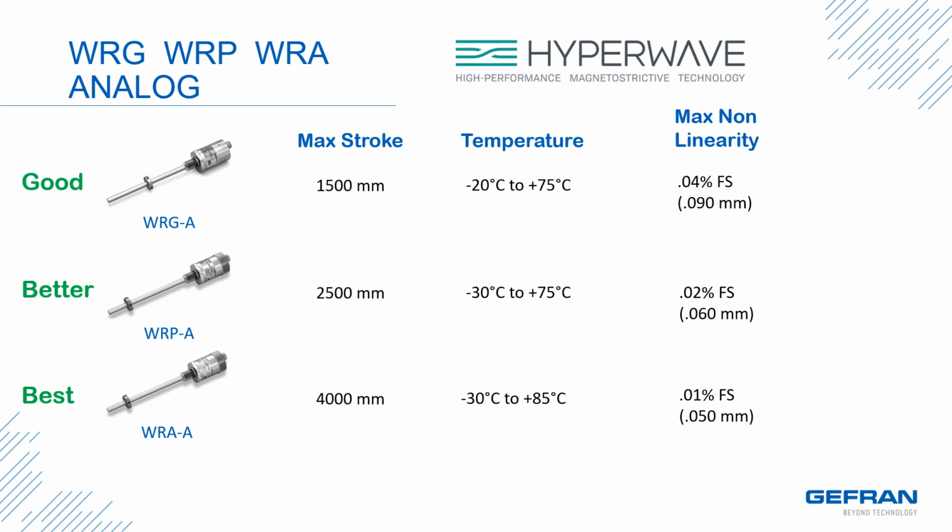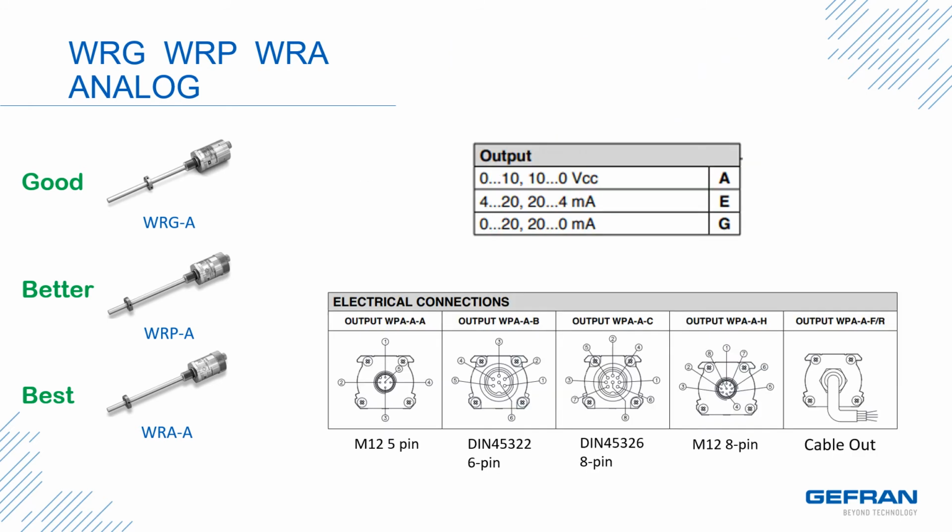The WRA series is best. It has a max stroke length of 4,000 millimeters, a temperature range of -30 degrees C to +85 degrees C, and a max nonlinearity of 0.01% of full scale. All three of these series are capable of 0 to 10 volt DC, 4 to 20 milliamp, and 0 to 20 milliamp outputs.